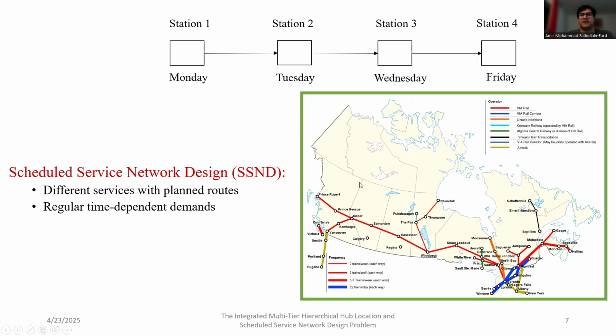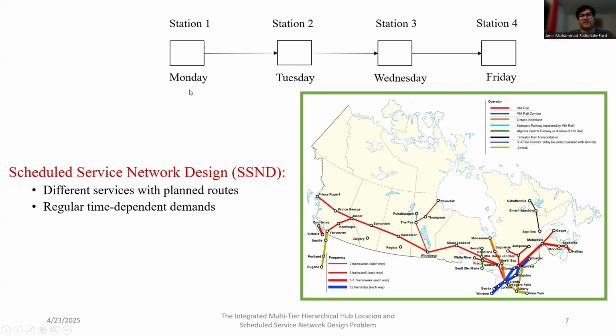Assume that a train started its pass from station 1 on Monday. Then it goes to the second station on Tuesday.